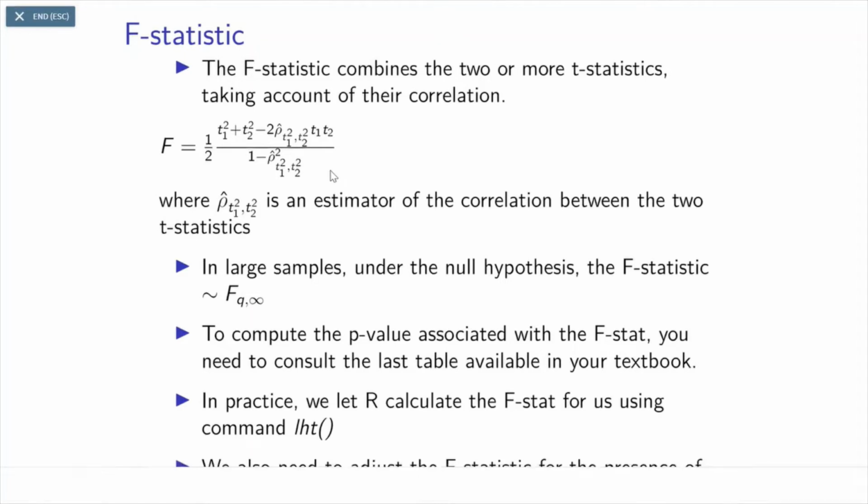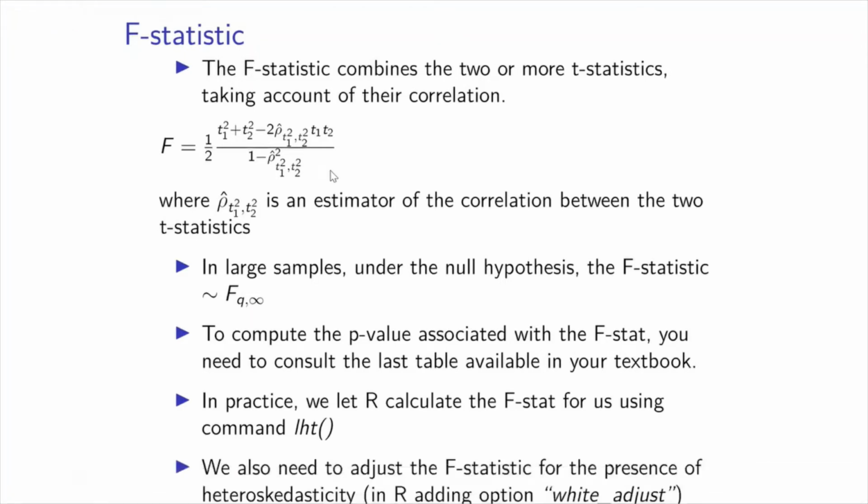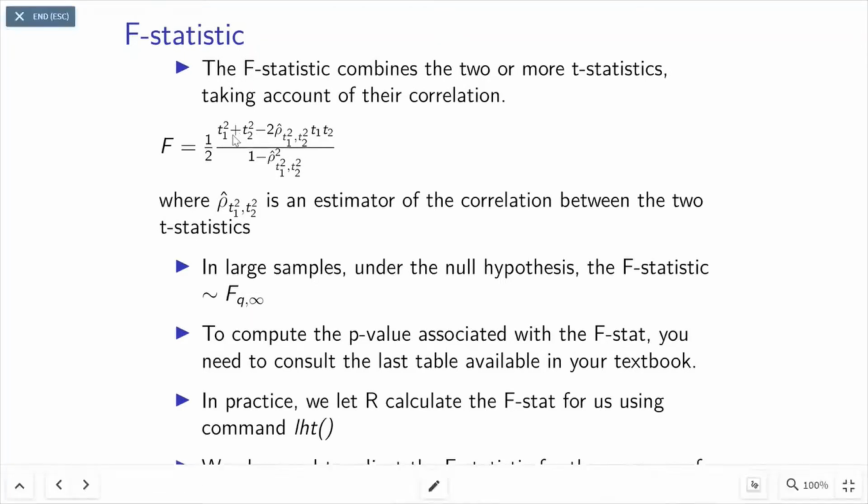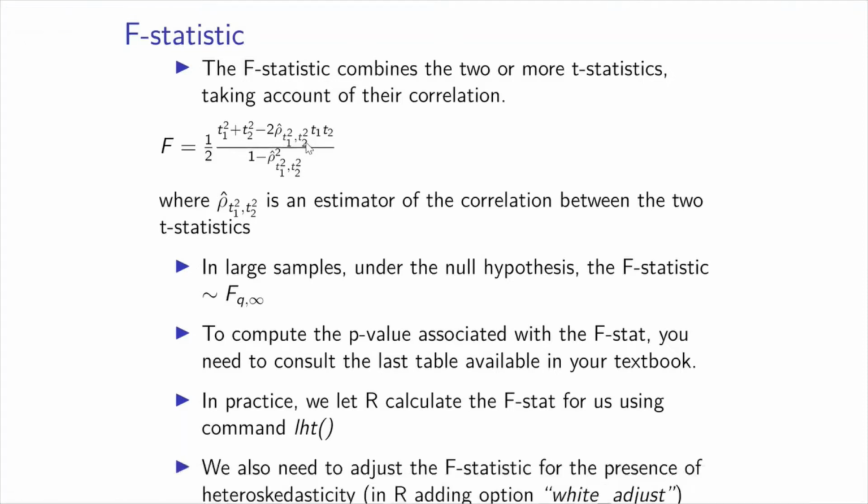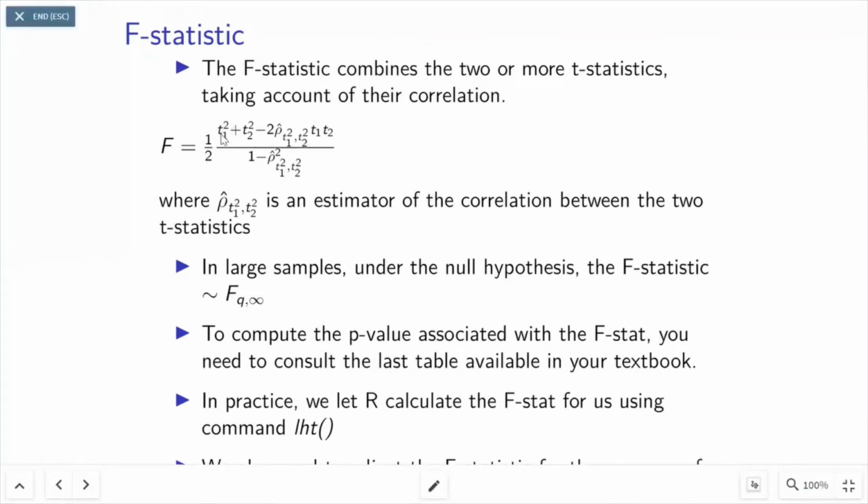What this formula tells us is that the F-statistic is computed using a combination of t-statistics and a correlation coefficient between two t's. When there is only one regressor involved in the F-test, the F-statistic is simply given by the t-statistic of that one regressor squared.